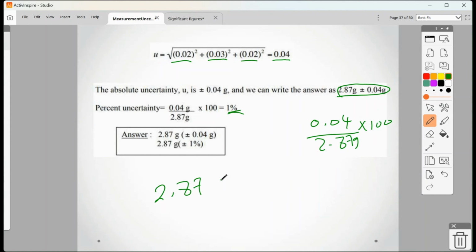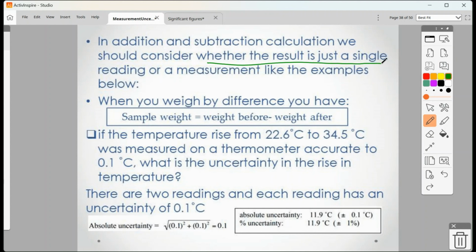Now, in addition and subtraction calculation, we should consider whether the result is just a single reading or a measurement. If we have just a single reading like a thermometer, as we talked about in the last video, we take only one measured value and our uncertainty is only one.